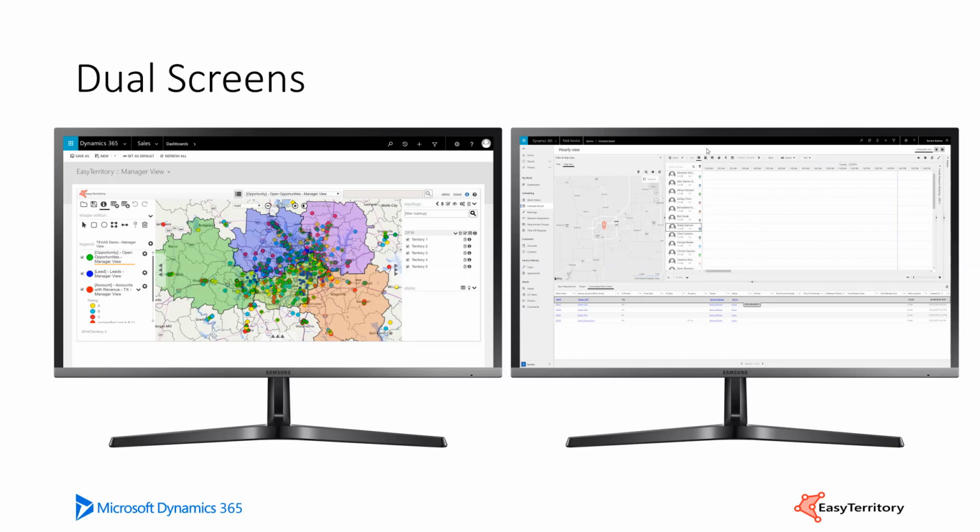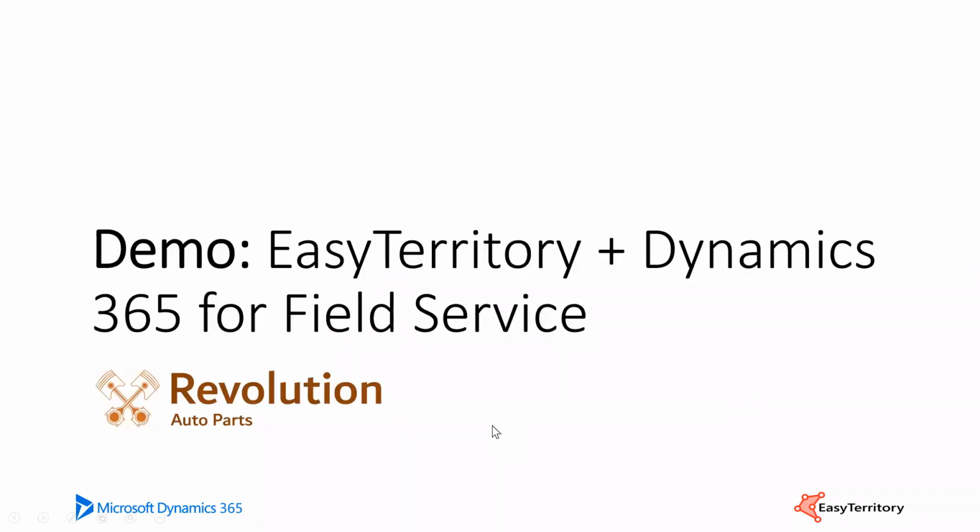So next, I'm going to transition into a demo, and this is just an extension of the last demo that we were doing, where I'm an auto parts distributor called Revolution Auto Parts. So our company in this demo, we sell auto parts in bulk to dealers.